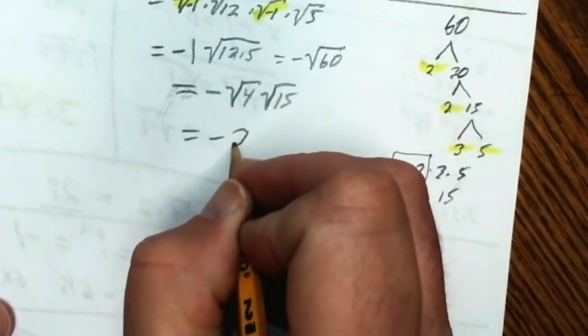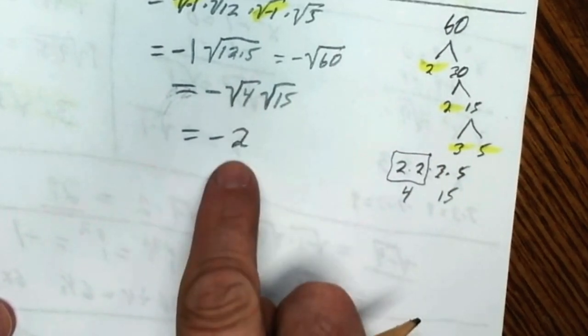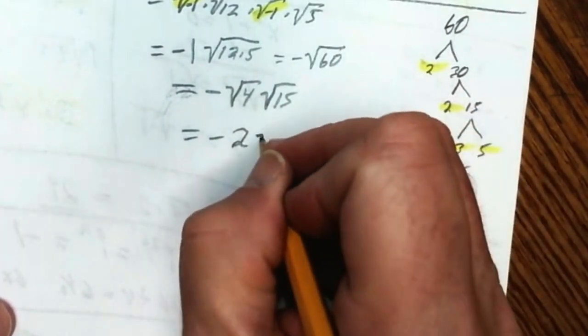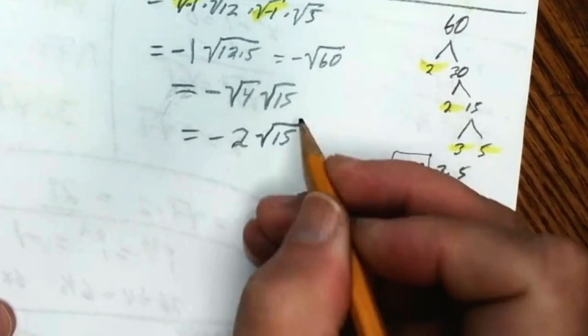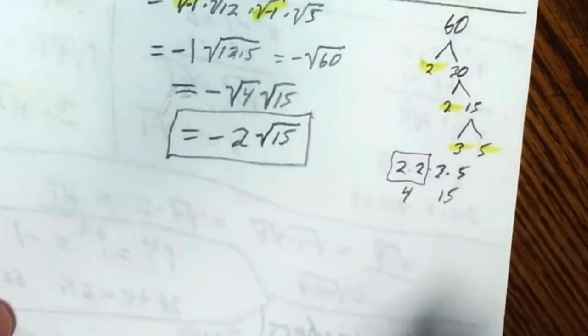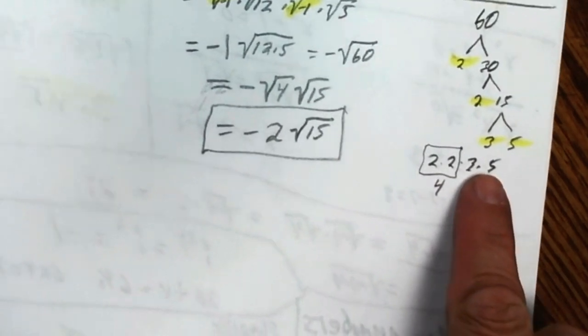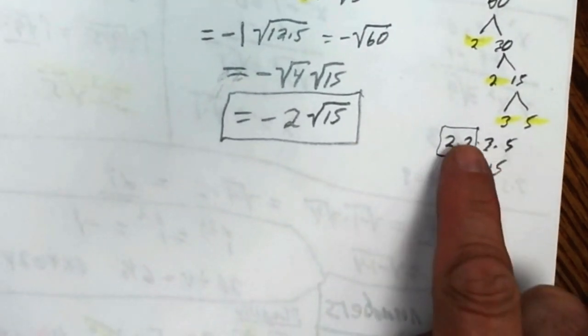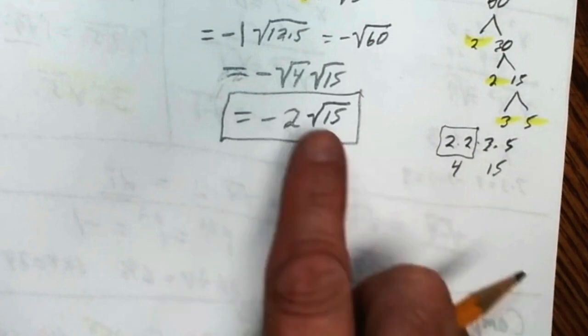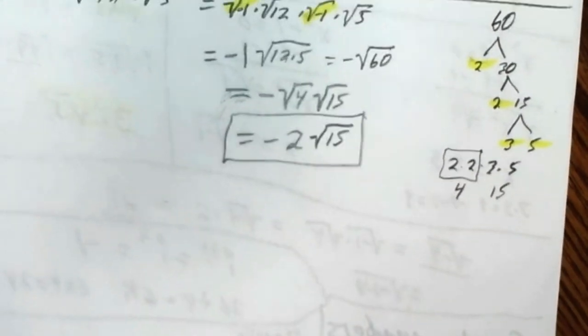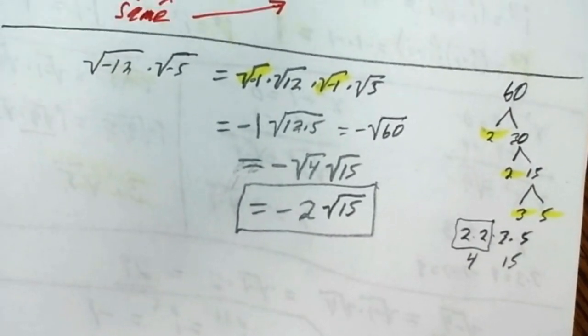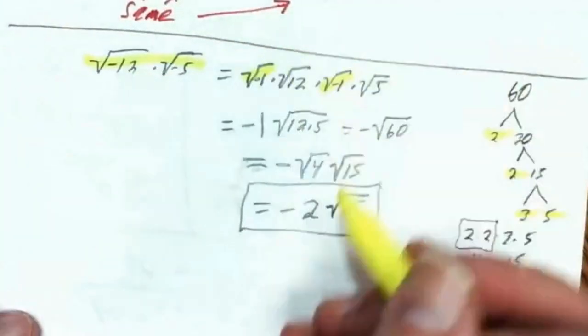So this 2 will come out. The square root of 4 is 2, and that's as simple as it gets. 15 doesn't break down anymore because that's 3 and 5. But 2 times 2, oh, that's a 4, so we can take the square root of 4. So that is the answer to this problem right here.